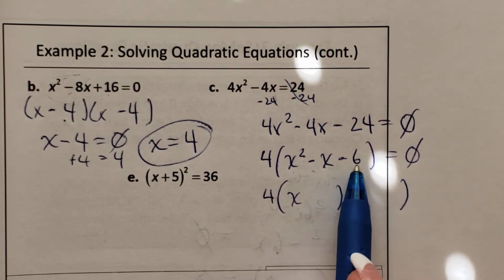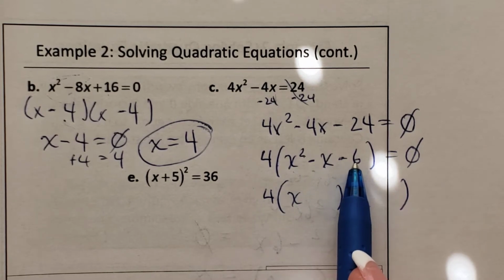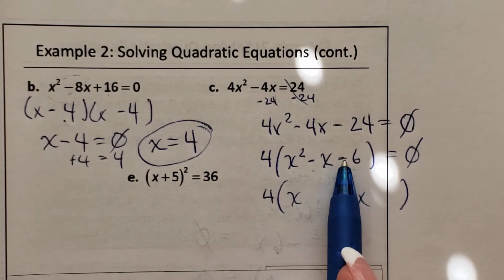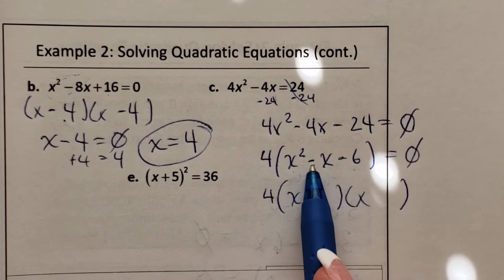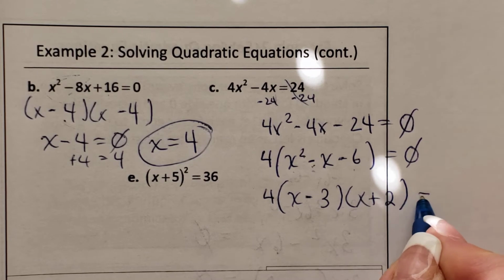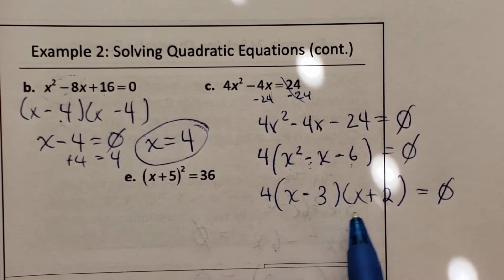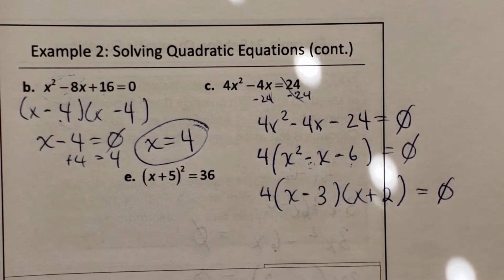Well, the factors of 6 are 1 and 6. I can't get 1 from that. And 3 and 2. They're going to be different signs. The bigger sign is negative, so 3 is bigger than 2. So negative 3 times 2 is negative 6. Negative 3 plus 2 is negative 1, so I know that's right.